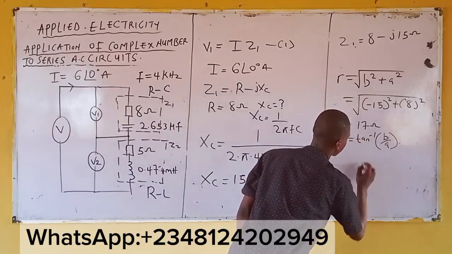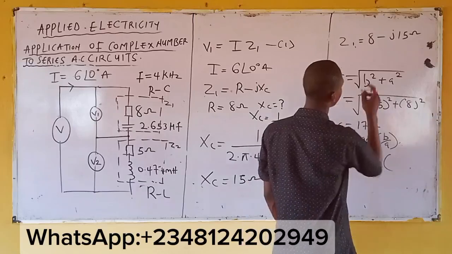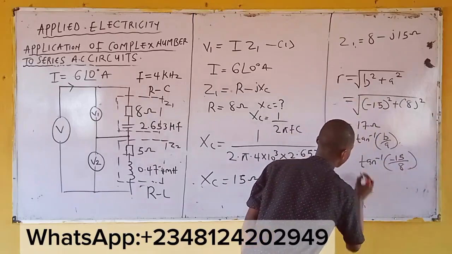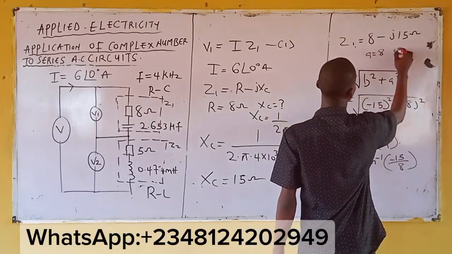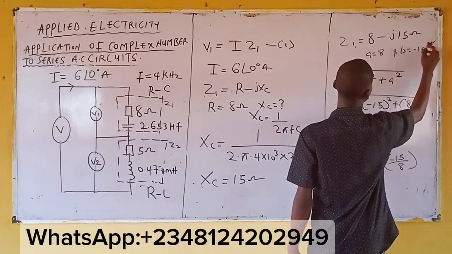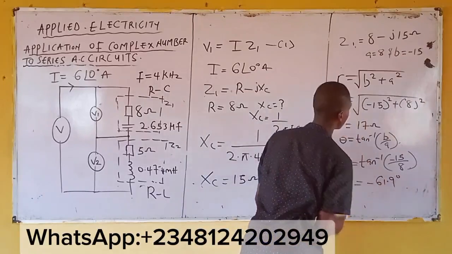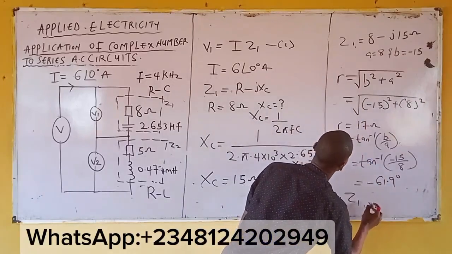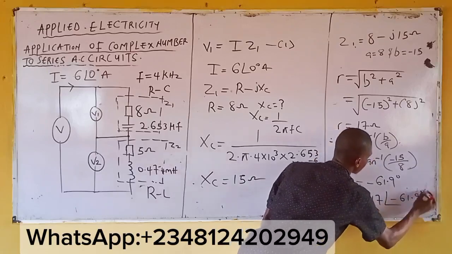From here, your A is equal to 8 and B is equal to negative 15, so tan inverse of negative 15 over 8. What's the answer? Negative 61.9 degree. Therefore, Z1 in polar form becomes 17, negative 61.9 degree.